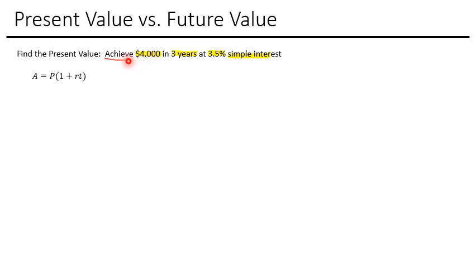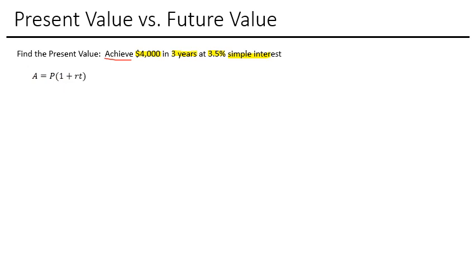They want you to have $4,000 in 3 years, so they want you to find the present value. In other words, how much money would you have to invest right now if, after 3 years at 3.5% simple interest, you want to have saved up $4,000? So I actually need to use this future value formula here.